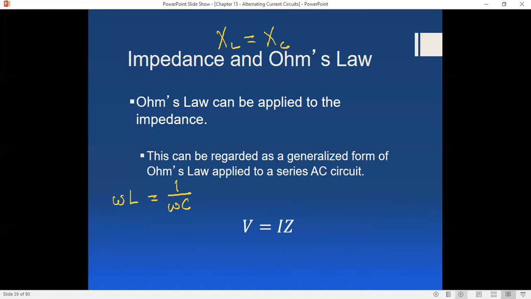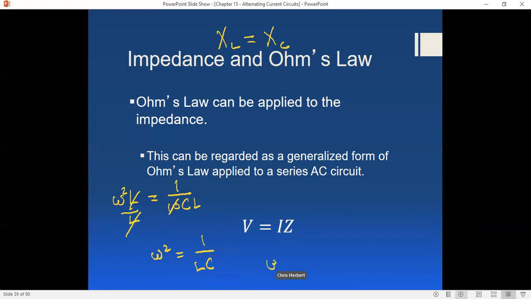I'm going to multiply both sides by omega, so this omega becomes omega squared, and omega divided by omega cancels out. Now I'll divide both sides by L, and this L will cancel out with this L. And I get omega squared is equal to 1 over LC.